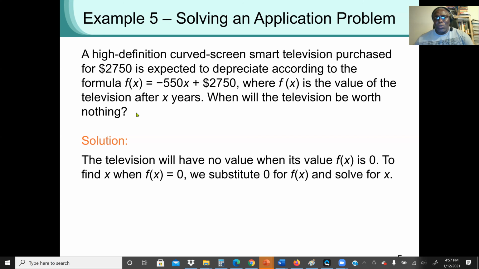The television will be worth nothing means f(x) will be 0. Again, f(x) or y is the value of the television.